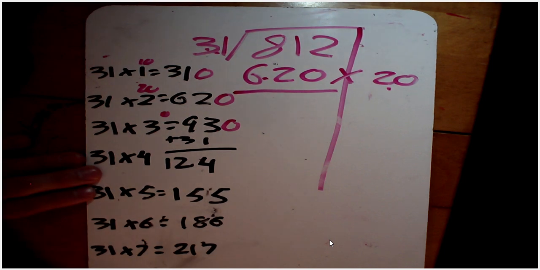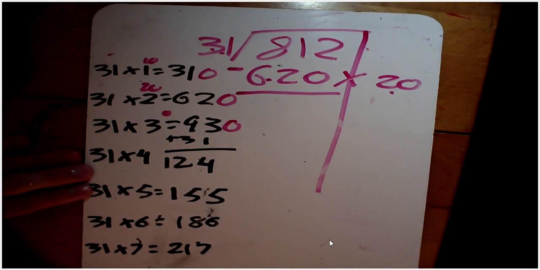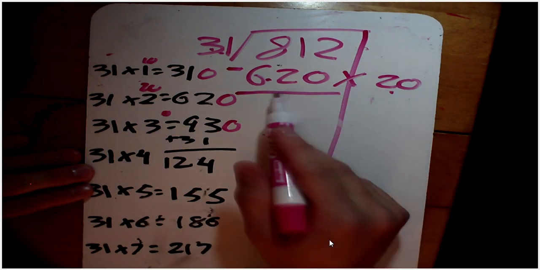Now we subtract. So the steps are first looking at your multiples, second multiplying, then subtracting.